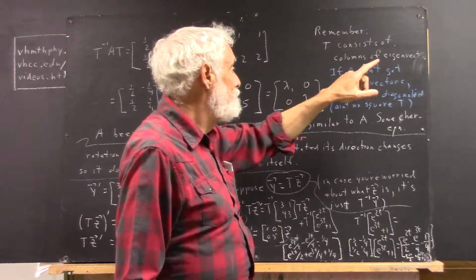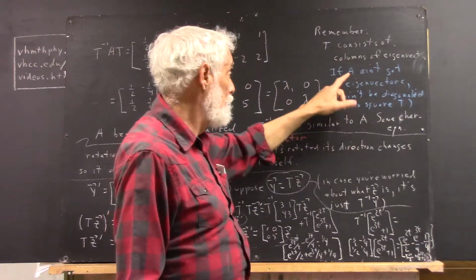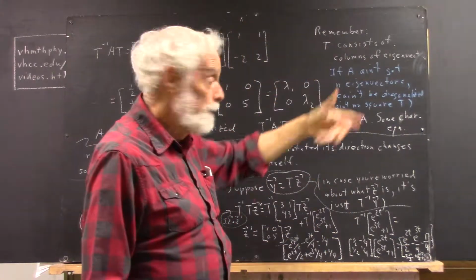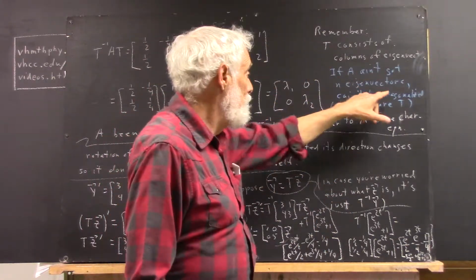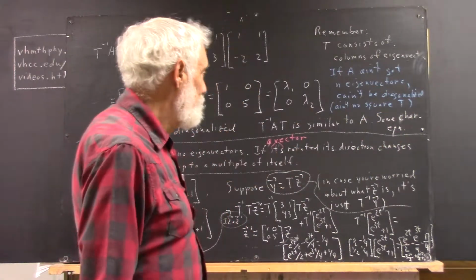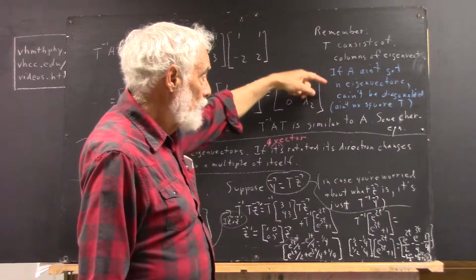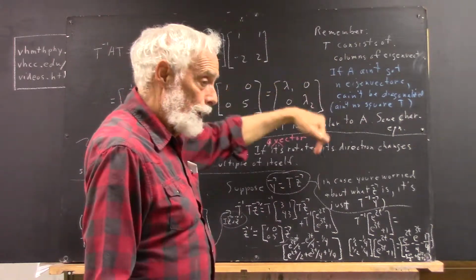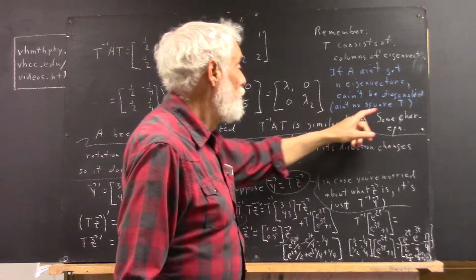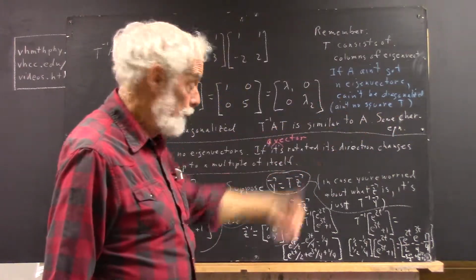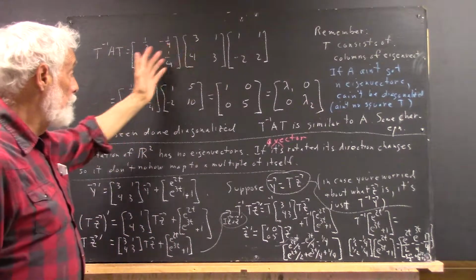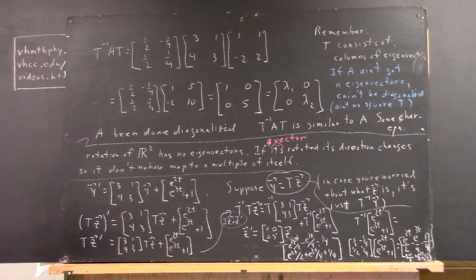If A, where A is presumably n by n, doesn't have n eigenvectors, then it can't be diagonalized because there is no square T. If you don't have n eigenvectors, you won't have n column vectors to put into your T matrix, so T won't be square. It's not going to work. You have to have a full set of eigenvectors to do a similarity transformation.